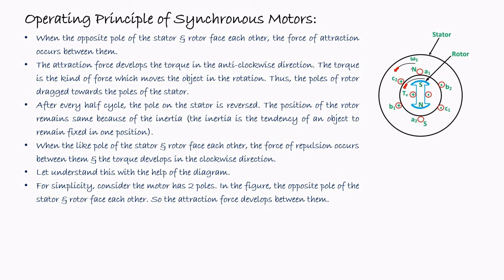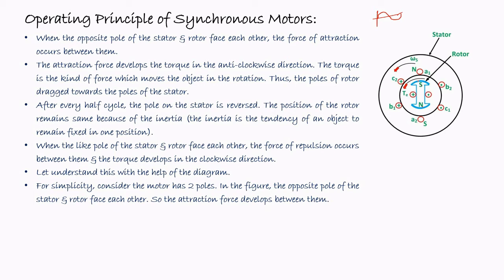Whereas the stator is given the AC supply. The AC changes with respect to time in a sinusoidal way. Therefore, the polarity of the stator field winding also changes periodically. So consider a particular situation where the north pole of the stator and the south pole of the rotor are face to face.